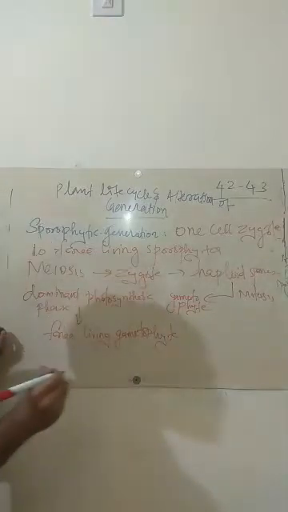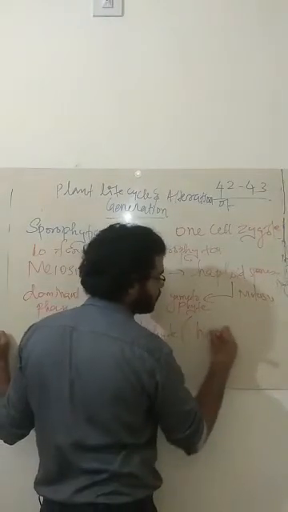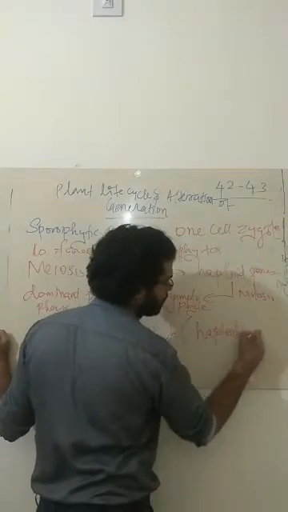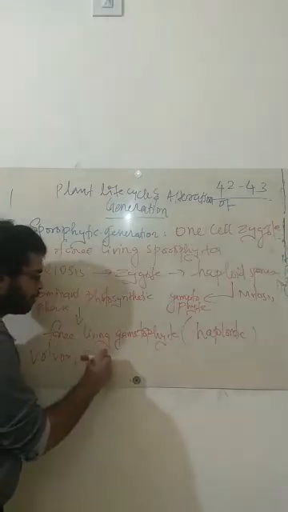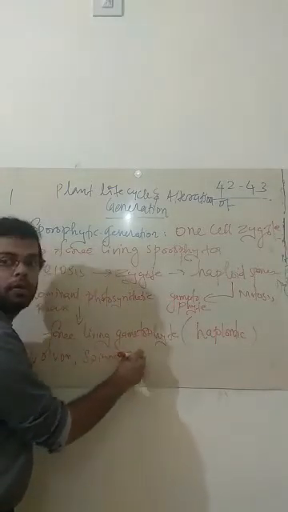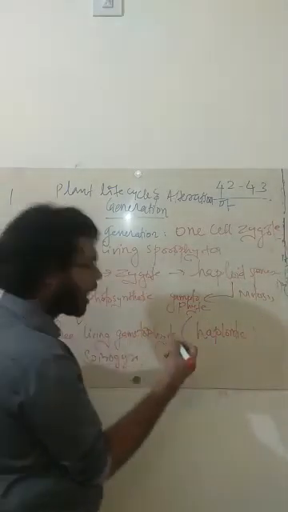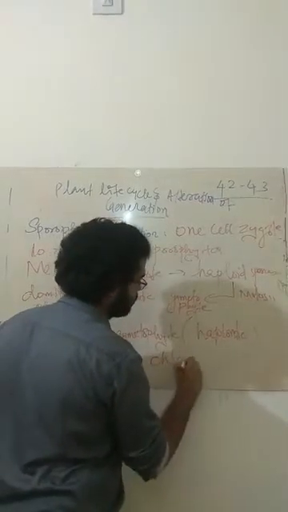This type of life cycle is known as haplontic, and many algae such as Volvox, Spirogyra, and some species of Chlamydomonas represent this type of cycle.